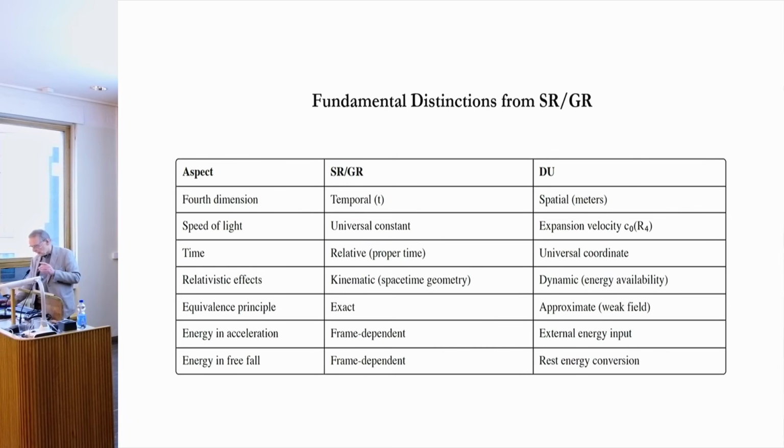Exact, then, energy in acceleration. We find that external energy input and, in a dynamic universe in free fall, we have the rest energy conversion, which doesn't add to the energy of the falling object, and that's the big difference.